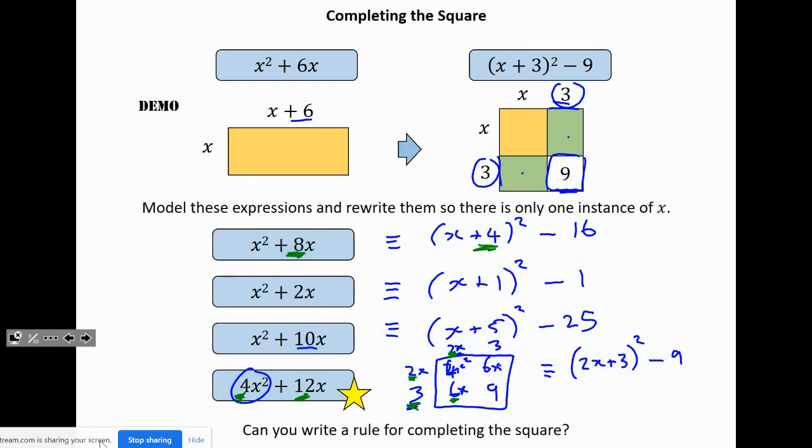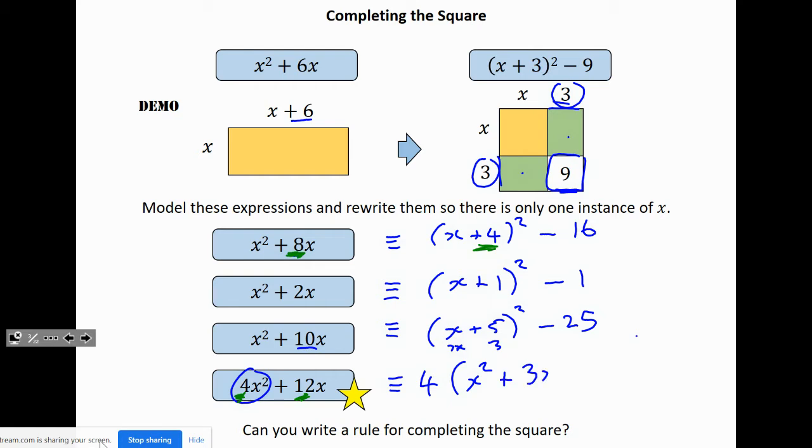All right. There's another way of handling it. If we had 4x squared plus 12x, we could handle it in a slightly different way. We could take 4 out as a factor. This is equivalent to 4 lots of x squared plus 3x.